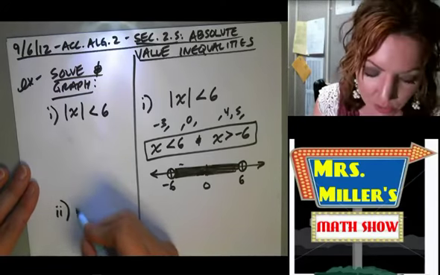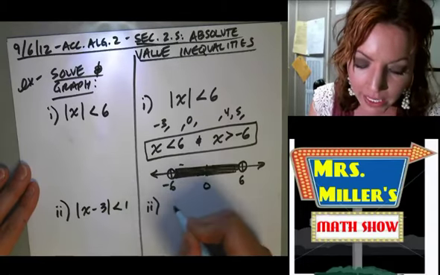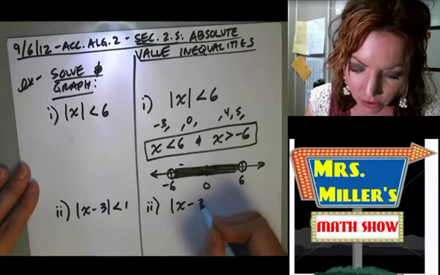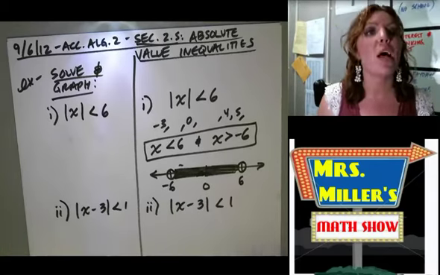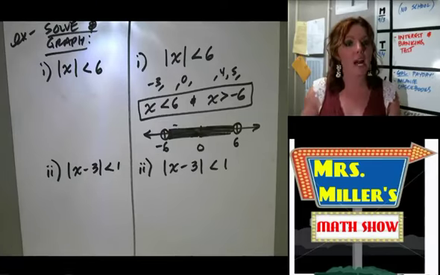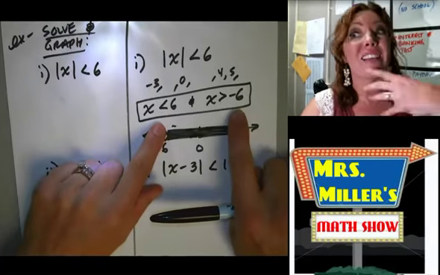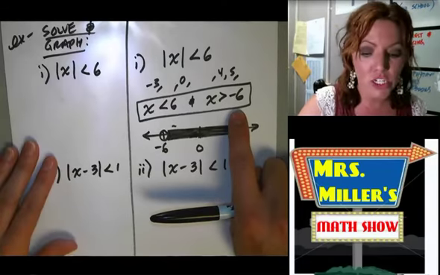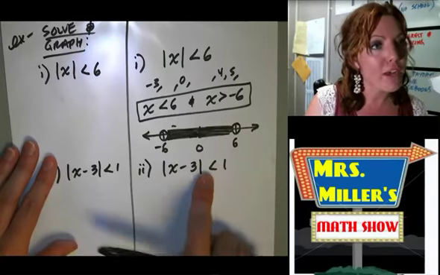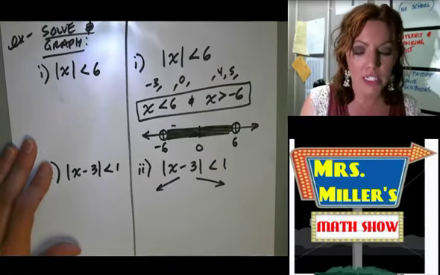The absolute value of x minus 3 is less than 1. This is where it gets a little bit trickier to start thinking about numbers to plug in, and that's where we want to start breaking it up. Breaking it up in the same way that we broke up this last one and the same way that we broke up absolute value equations. We have the absolute value on the left by itself, so we're going to split it up.